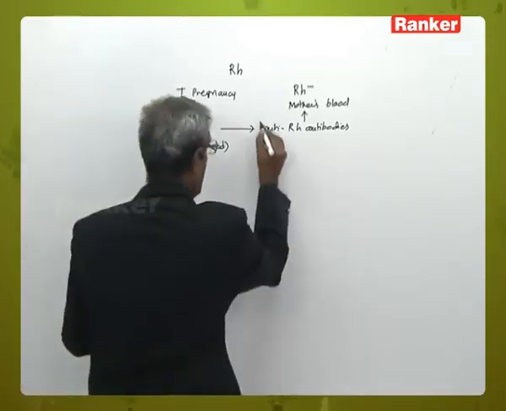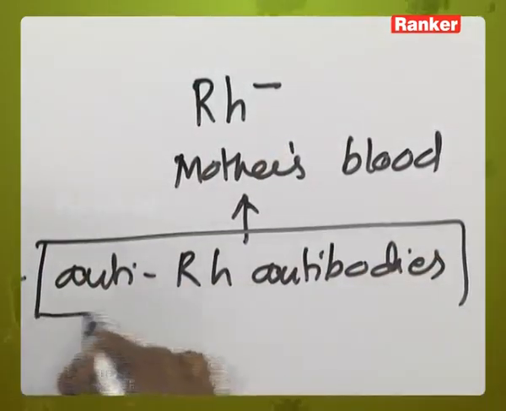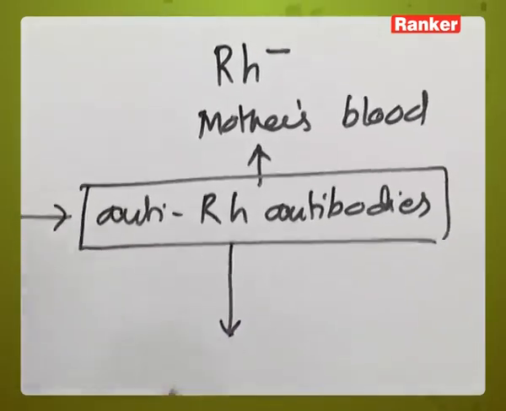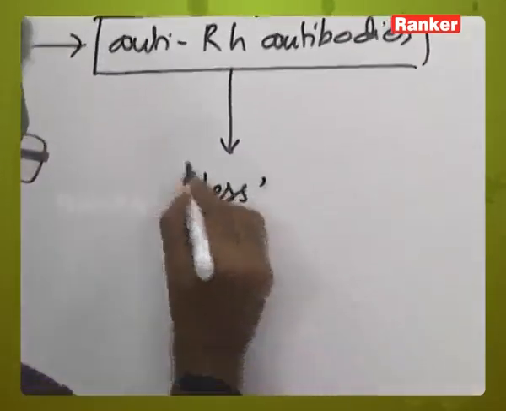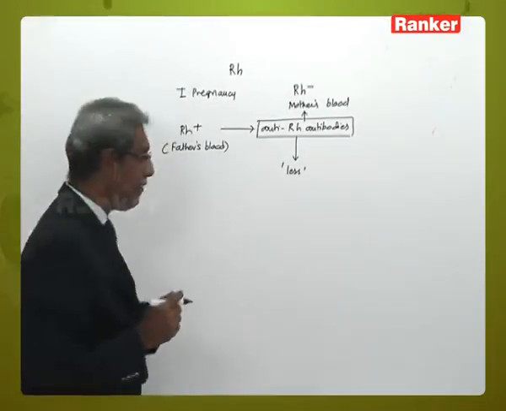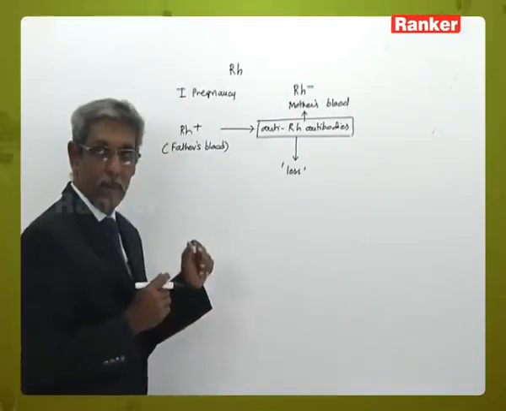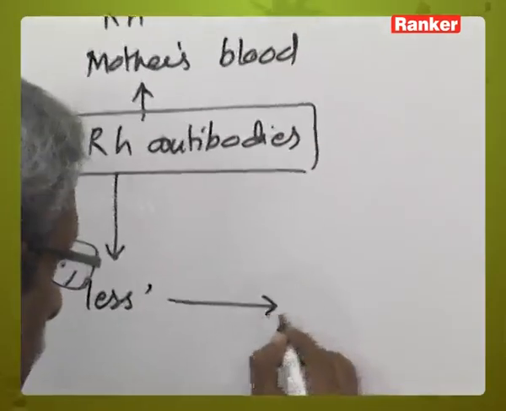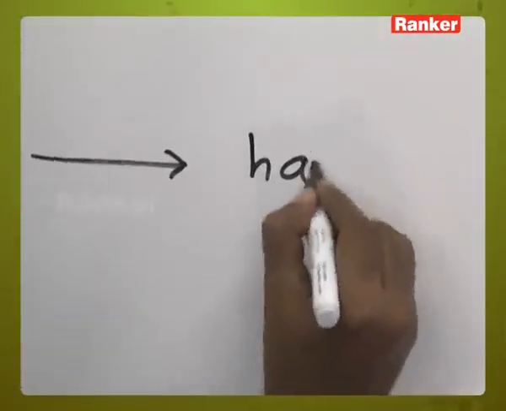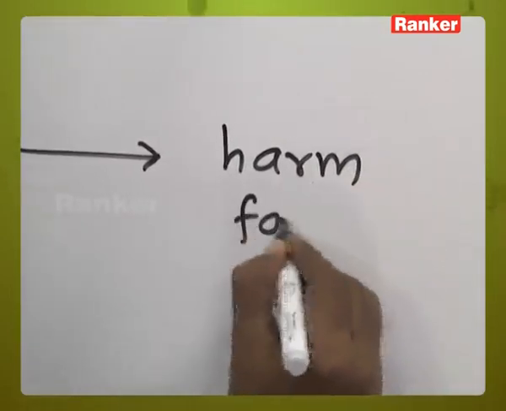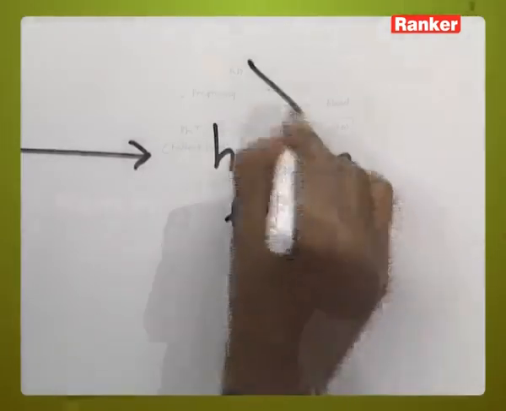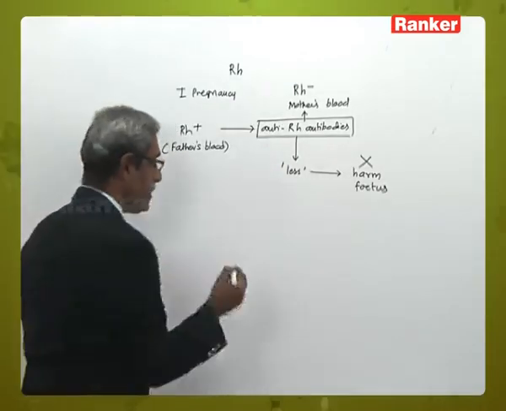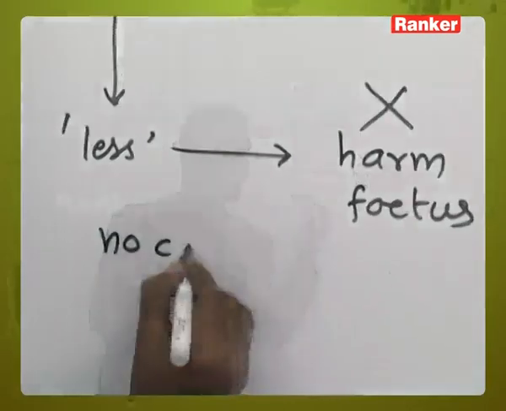Now, these anti-Rh antibodies are not produced in sufficient number. They are produced in less number, so they are not present in enough quantities, and thereby they do not harm the fetus, because there is no contact.